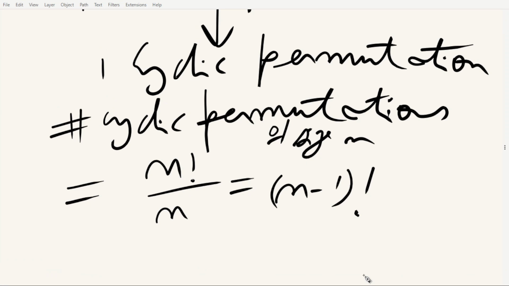So these are the number of cyclic permutations.